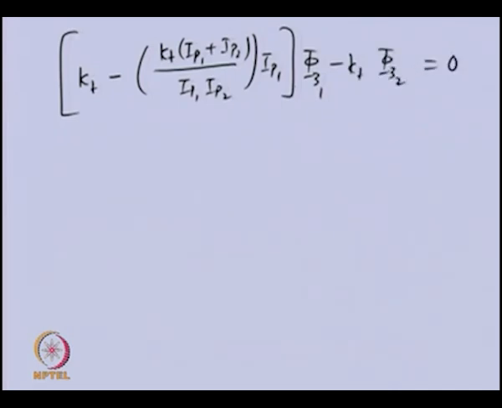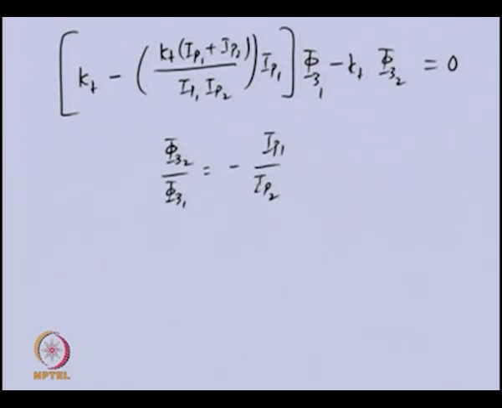And if we simplify this expression, we will get phi z2 by phi z1 as minus of Ip1 by Ip2.